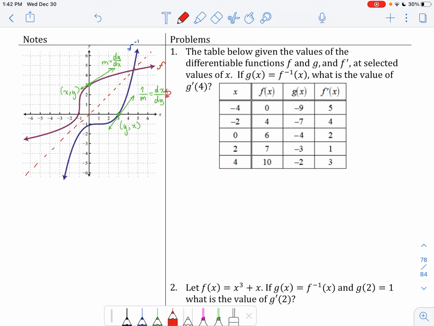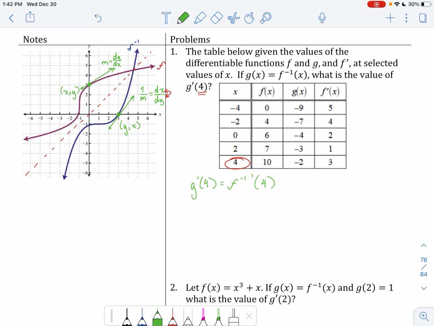So the first common issue is a lot of students are just going to look at x equals 4. And while this is an understandable first instinct, we don't actually want to do that. Because what this is saying is that g prime of 4 is equal to f inverse prime of 4, because g and f inverse are the same.